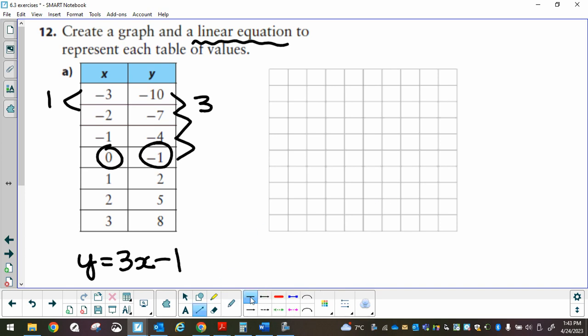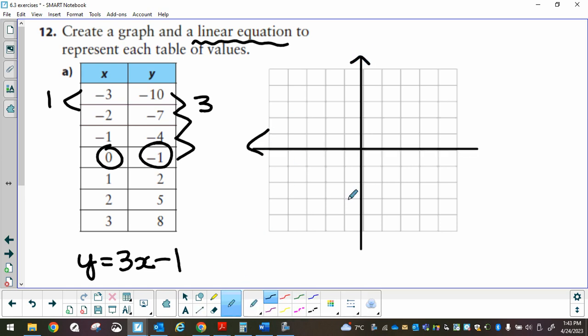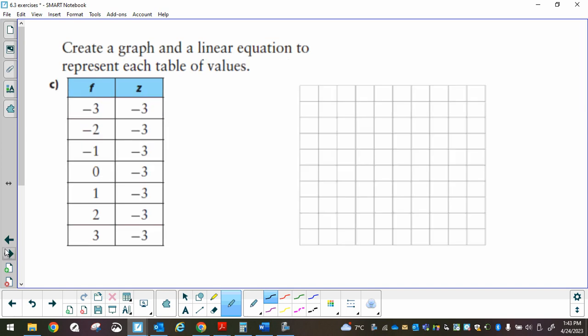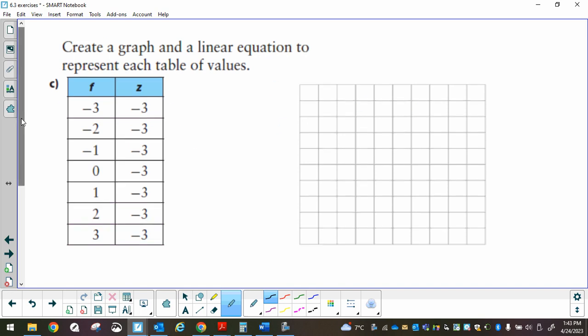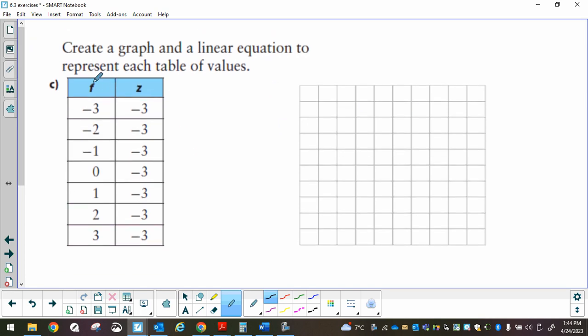And then to graph that, just for time, I don't think I will here, but you would create a Cartesian plane, label your x-axis and y-axis, and then plot those points. And then just really quickly, again, I'm not going to graph this one, but here we have f and z.